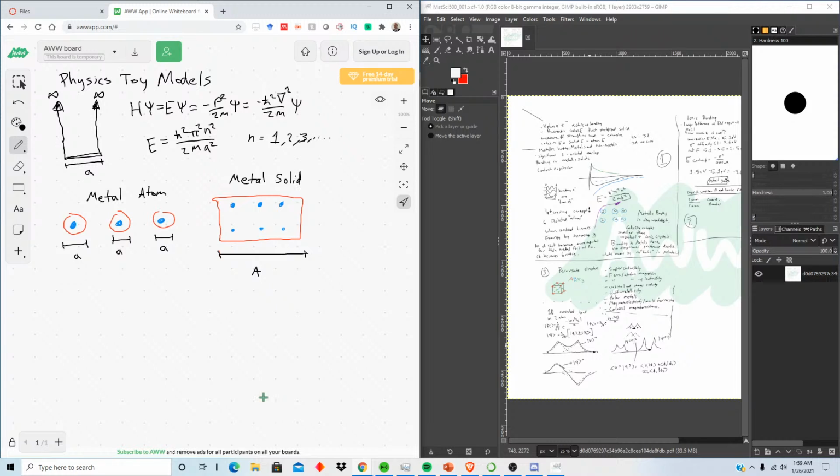Well, a lot of times things want to take the form of lower energy. And so, how can we compare these metal atoms to a metal solid? And we're going to assume this toy model system. So, if we assume that each of these metal atoms is like a toy model, then this thing's like an infinite square well. At the ground state, it'll take on this basically constant, right? So for each of these, we'll say E1.